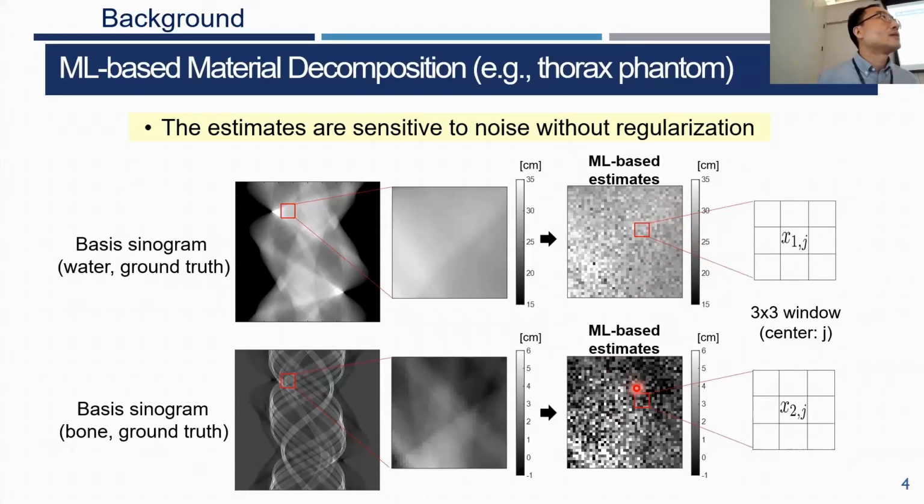Sorry for taking time. Just one last question. The windowing is done in the sinogram domain? Yes, in the sinogram domain. The windowing is used to incorporate the prior that similar inputs have similar outputs, right?